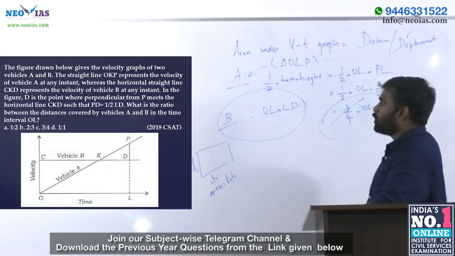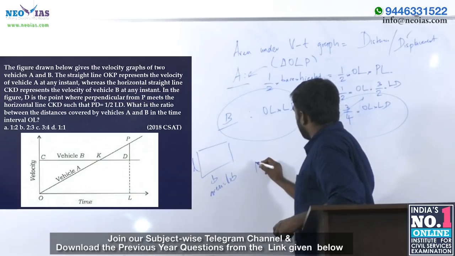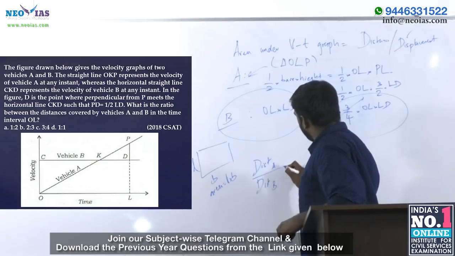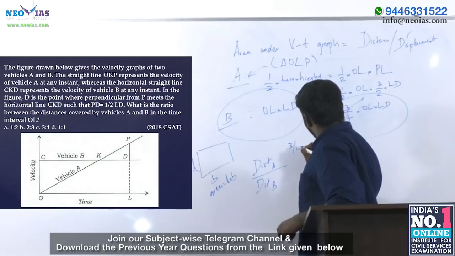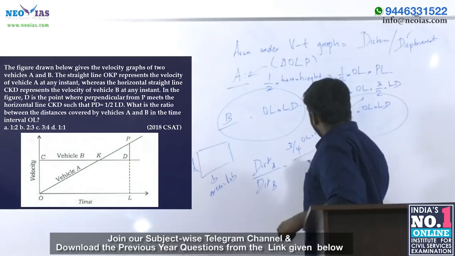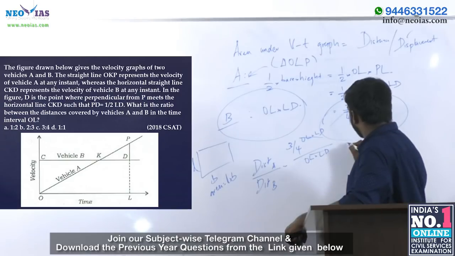So what will be the ratio of A and B? Ratio of distances, distance of A to distance of B, can be written as 3 by 4 of OL into LD for A, and OL into LD for B. We can cut all these things.